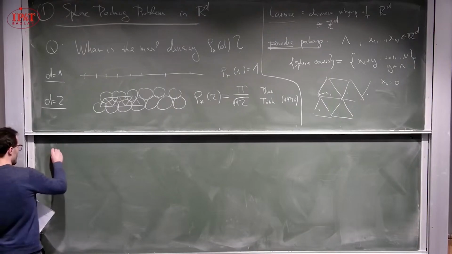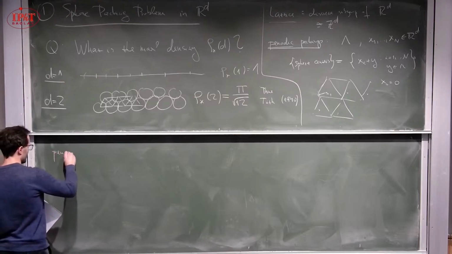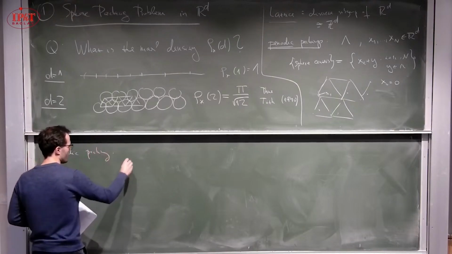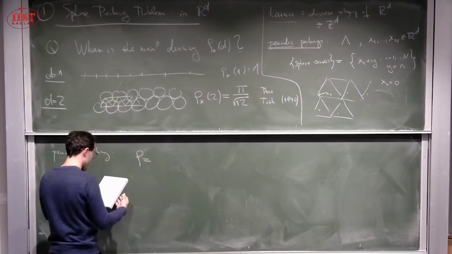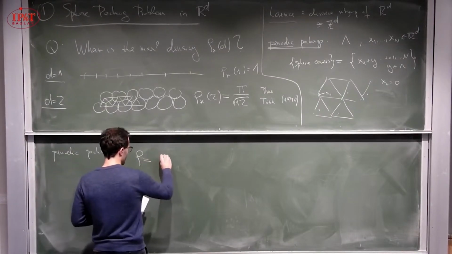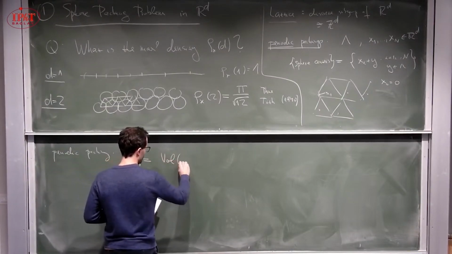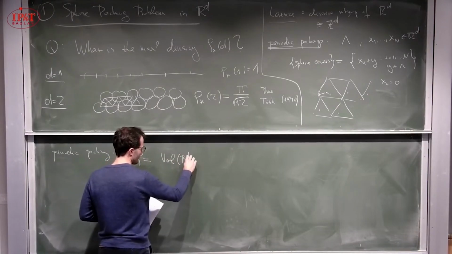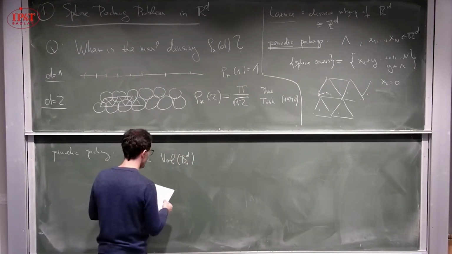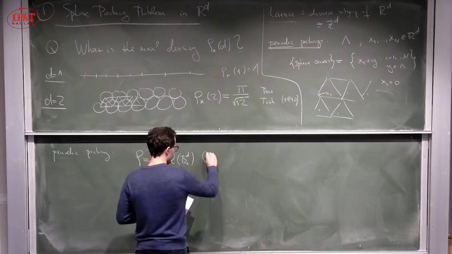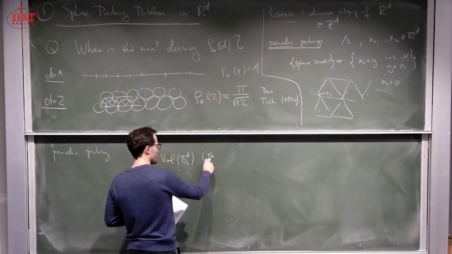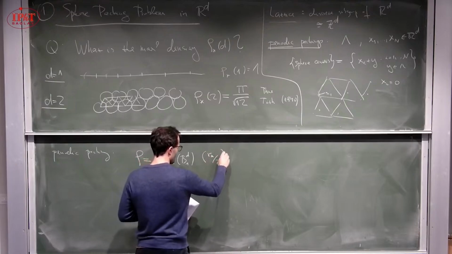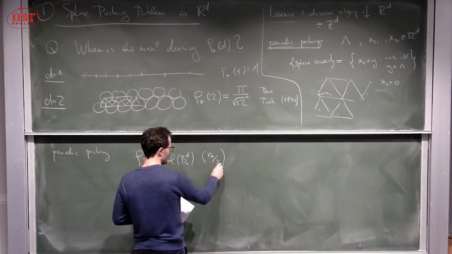So for a periodic packing, what's the density? There's a formula. The density is the volume of the unit ball in d dimensions, which I'm going to denote this way, times r star to the power d, where r star is the shortest distance between sphere centers over 2, because the spheres need to not touch.